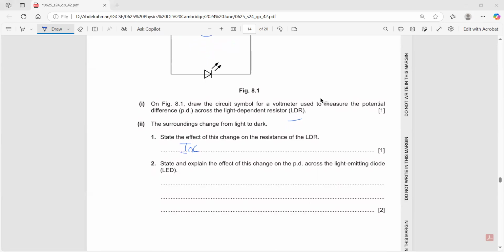The potential difference also increases. Why? Because they are parallel to the LDR, meaning that they are directly proportional, or that they increase together. Anyway.